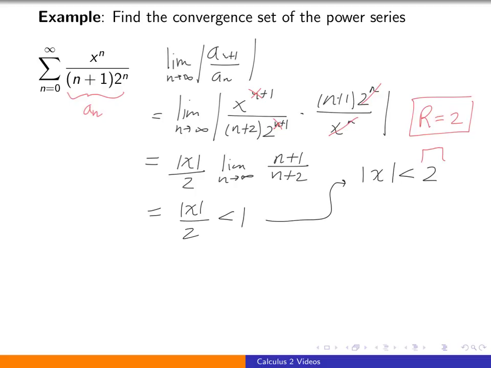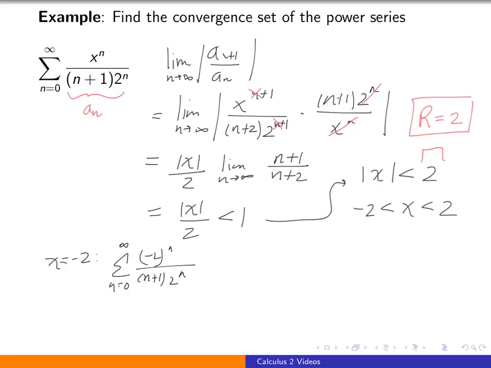Rewriting without the absolute value, we have minus 2 less than x less than 2. So to have the convergence set, we need to check each of the endpoints individually. So for that left endpoint, x equals minus 2. If we look above, if we replace the x we see with a minus 2, this will be the sum from n equals 0 to infinity of (minus 2) to the n over (n plus 1) times 2 to the n.